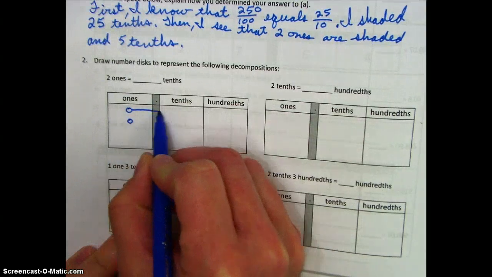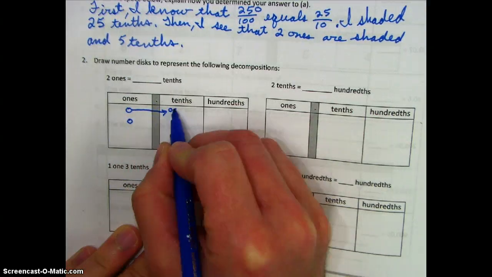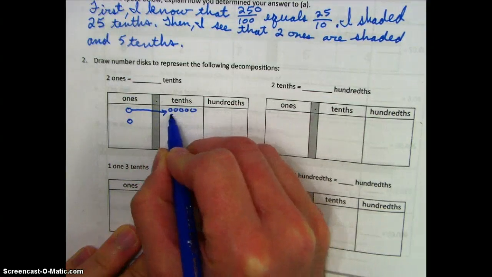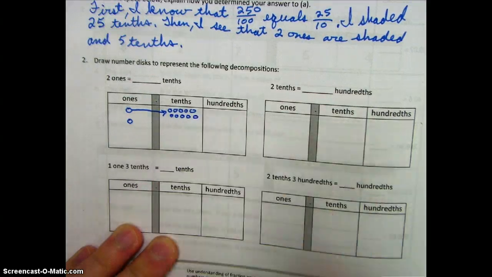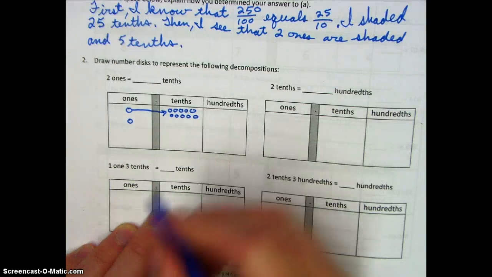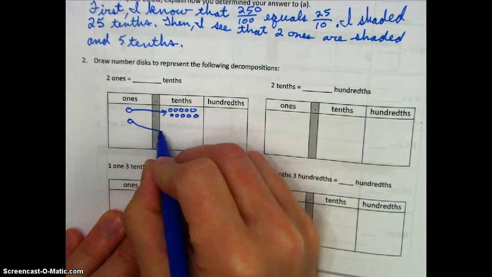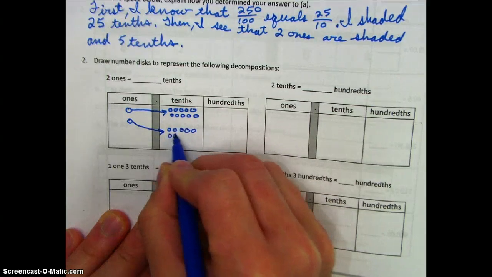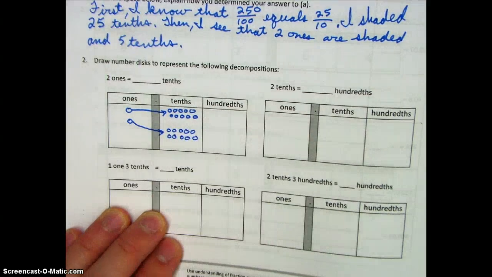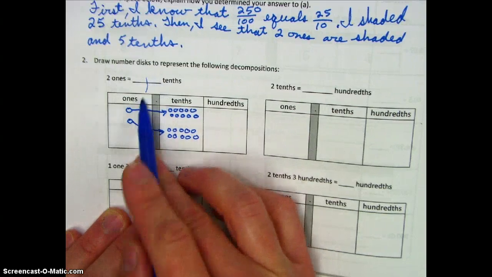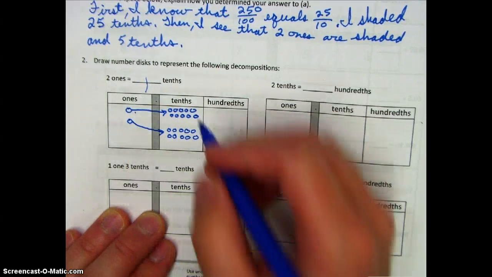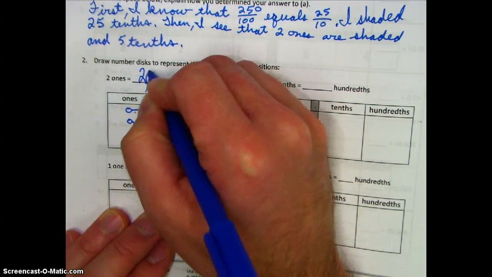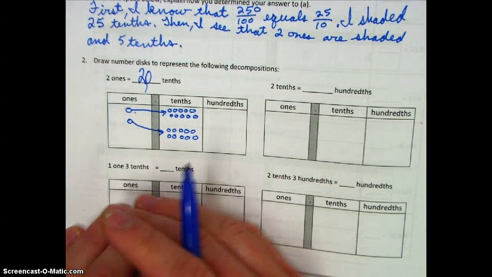So each one is then going to get represented by 10 tenths. And then we do the same thing with this one. Now again, I'm keeping mine in rows of 5 just so it's easier to keep track of. So you can see now that our 2 ones have been turned into 20 tenths.